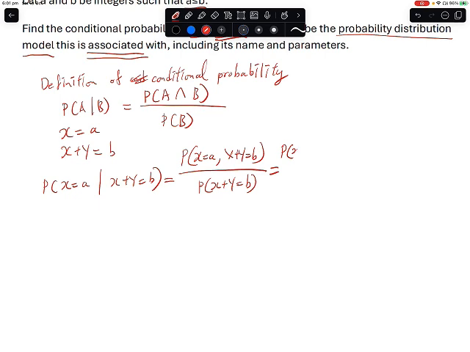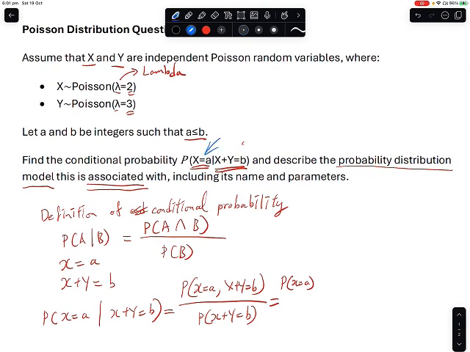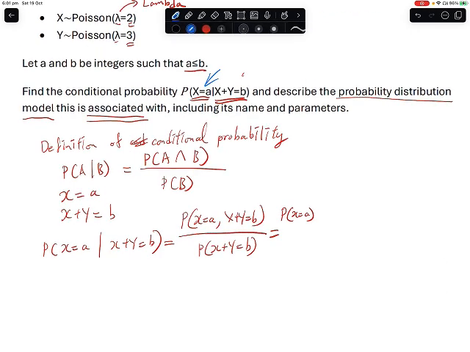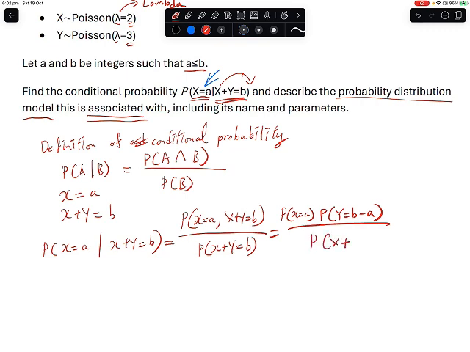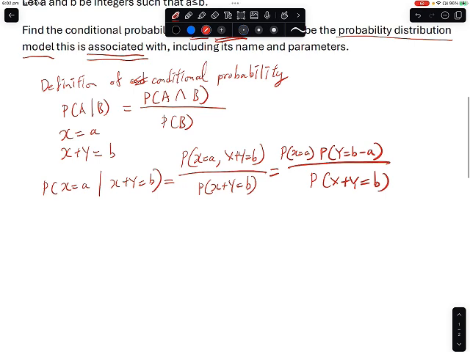Simplify this: the probability that X equals a, because it is already given that X is a in this situation. So Y equals b minus a. We swap X to the other side, and this is over the probability that X plus Y equals b. Okay, so we can continue the calculation.